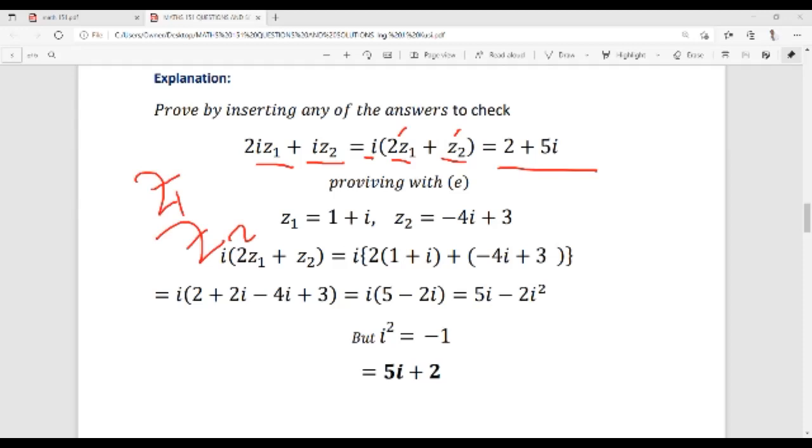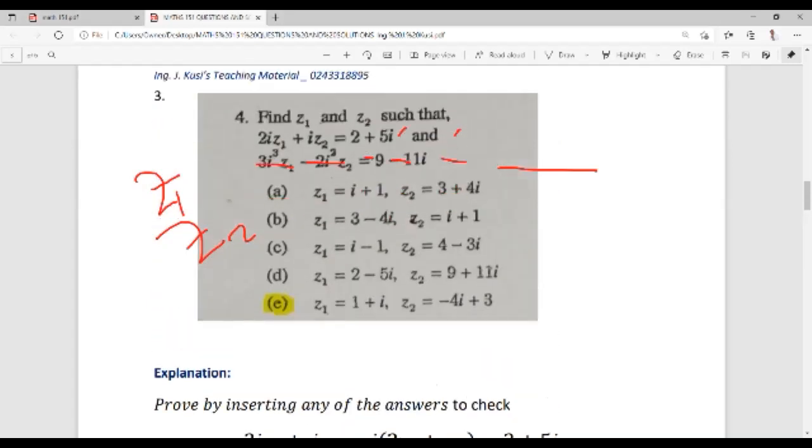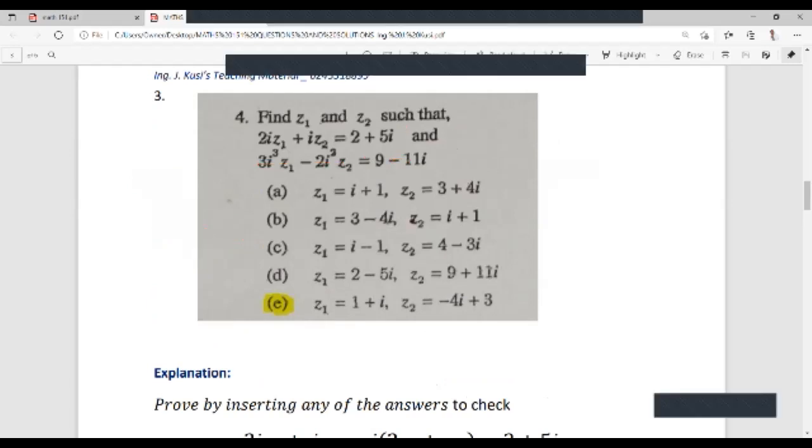So just bring the i out. Then you will see this. The answers given in the question, like A, B, C: A is Z1 equals i plus 1, and Z2 is 3 plus 4i.